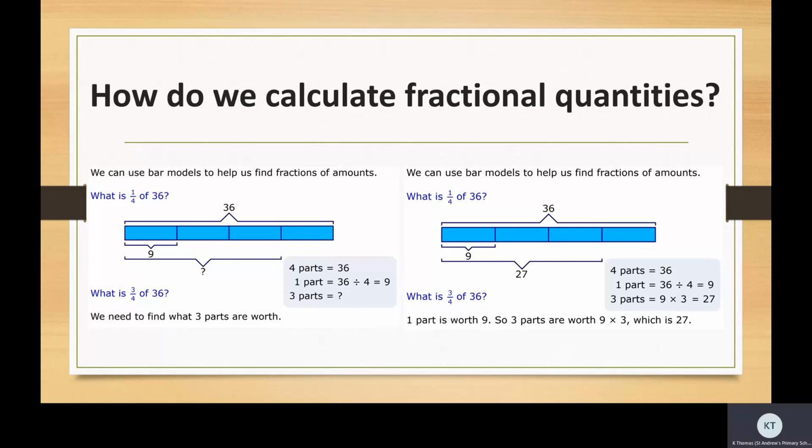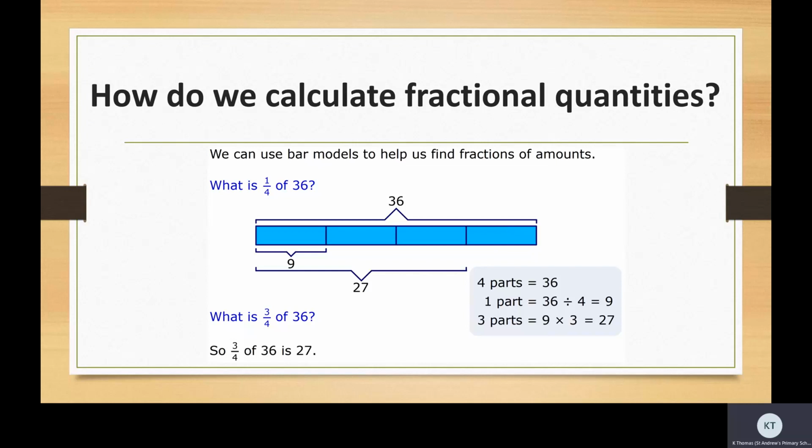And you'll notice on the bar on the right-hand side of the screen, it's shown by 3 bars are worth 27. 3 parts out of a possible 4. So I know that 3/4 of 36 equals 27.